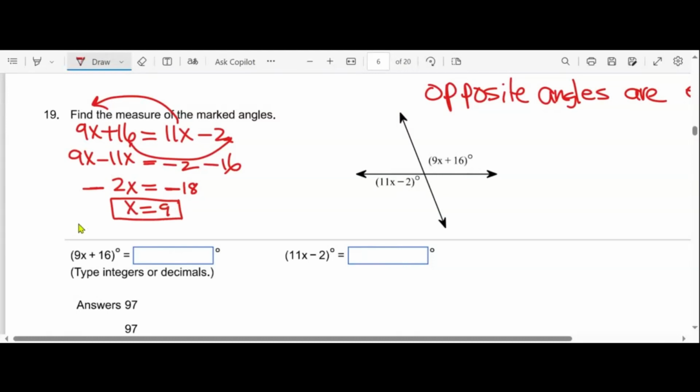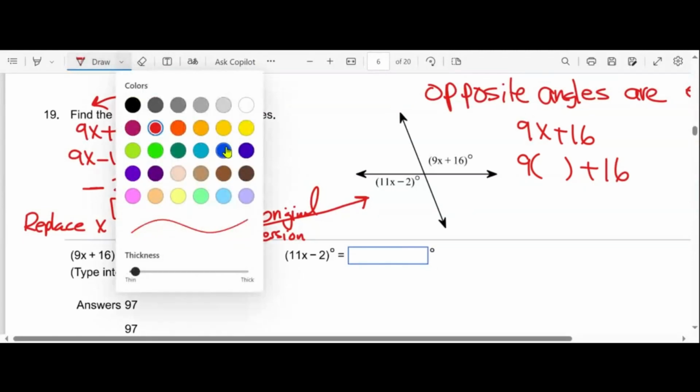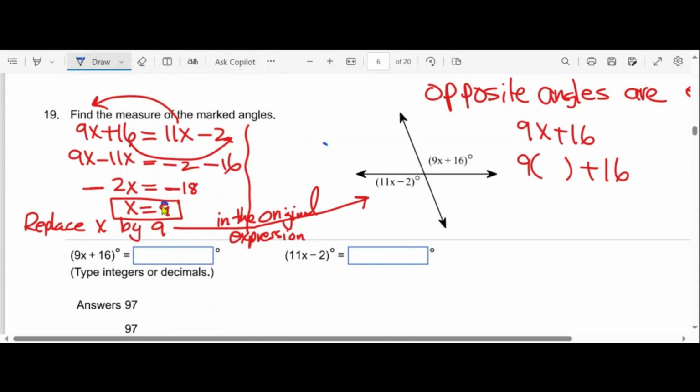Is this the answer? No. You have to replace x by 9 in any one of these, in the original expression. So let's do this. We have 9x plus 16. How much is x? 9.